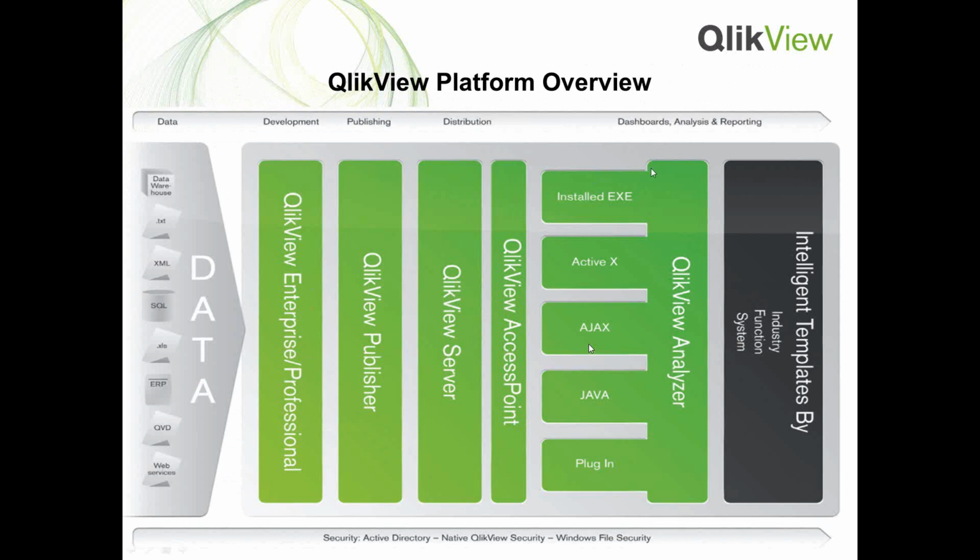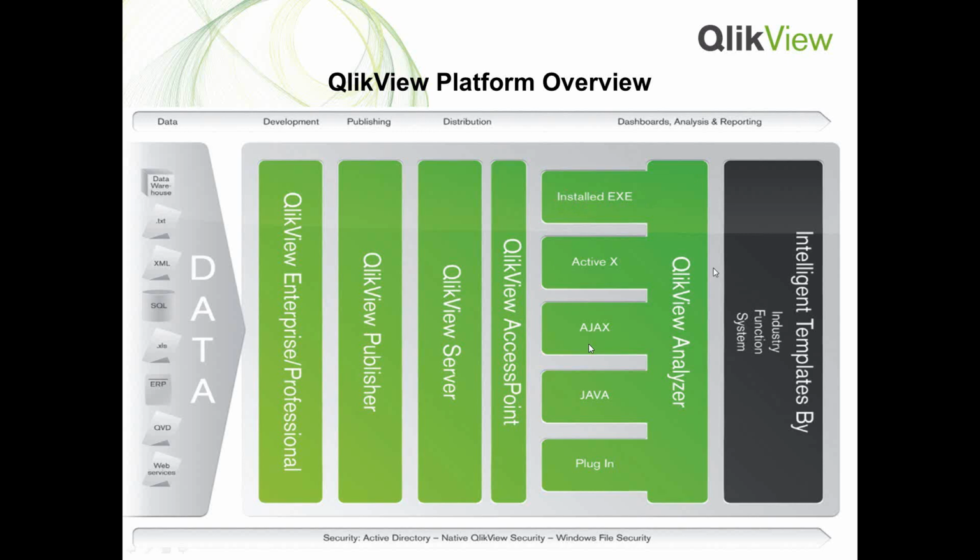So let's say the user, instead of having a web browser, has a licensed version of QlikView desktop installed. He can directly connect to the server and view the dashboard in QlikView desktop.